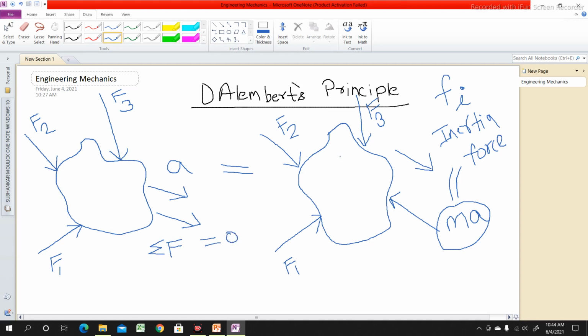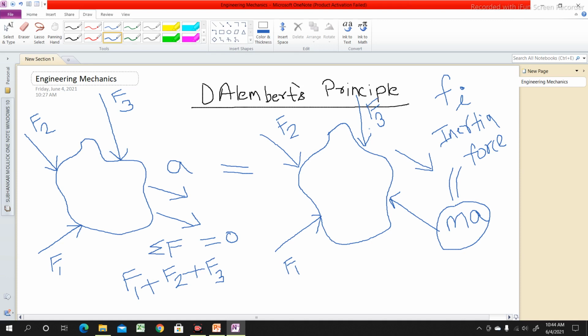Summation of F for this body will be F1 plus F2 plus F3. Why are all the three forces positive? Because the directions of all three forces are the same. F1 is inward, F2 is inward, F3 is inward. So all the three forces will be positive.